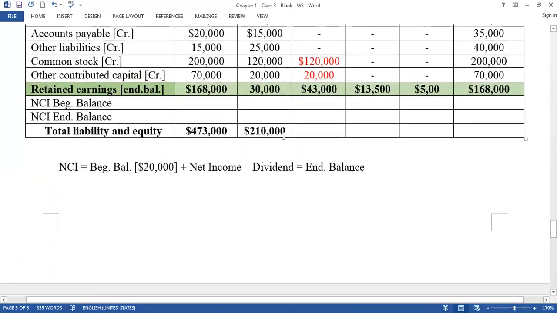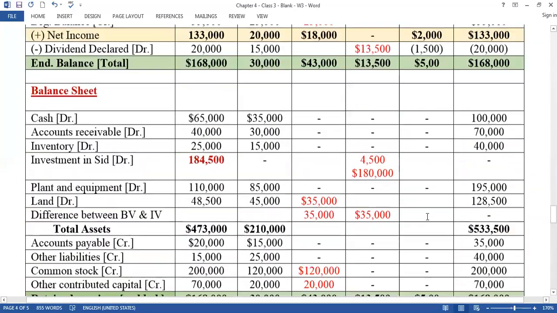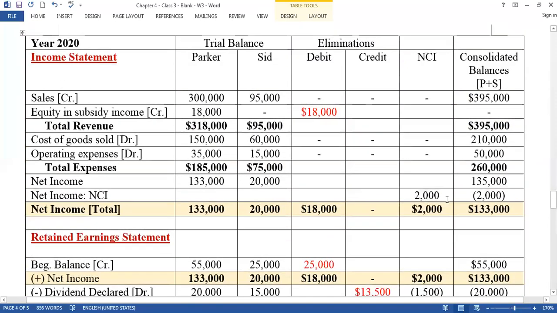So this is the NCI column, and this is the beginning balance, $20,000, plus net income. That means 10% of the subsidiary's net income is their net income. Can you remember this $2,000? This $2,000 is the net income of NCI.